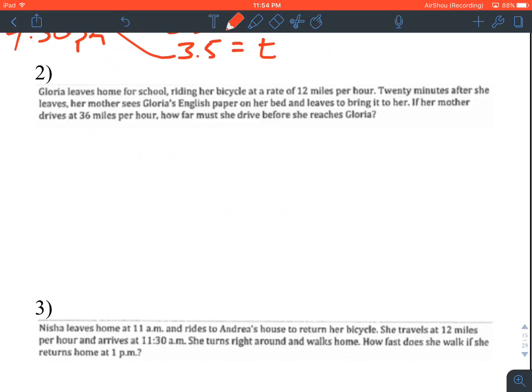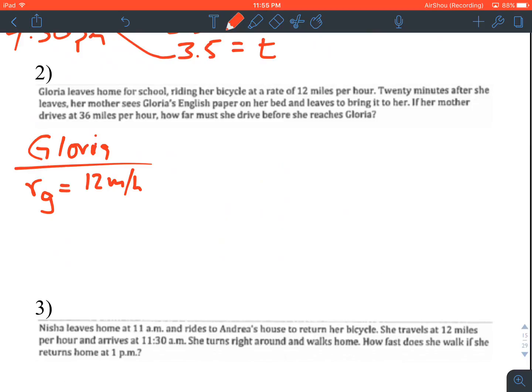Gloria leaves home for school, riding her bicycle at a rate of 12 miles per hour. Let me just write down that information. So we got Gloria. The rate of Gloria is 12 miles per hour. That takes care of the first sentence. 20 minutes after she leaves, her mother sees Gloria's English paper on her bed and leaves to bring it to her.